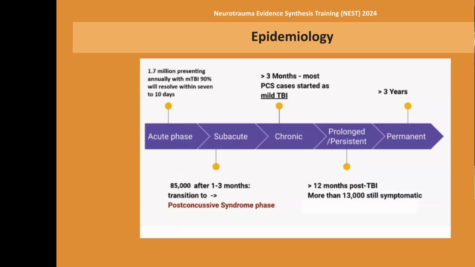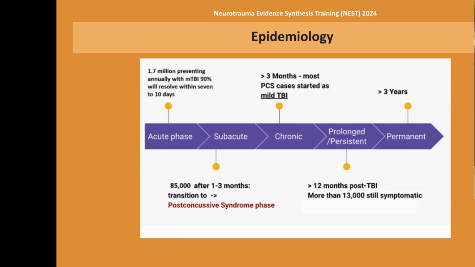So thinking back to that slide where we talked about the percentage of people, I just translated that percentage into actual numbers. If 1.7 million presented, 90% of them resolved within 7 to 10 days. Now we go to the subacute.